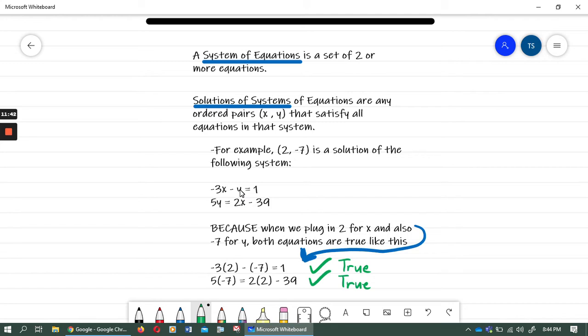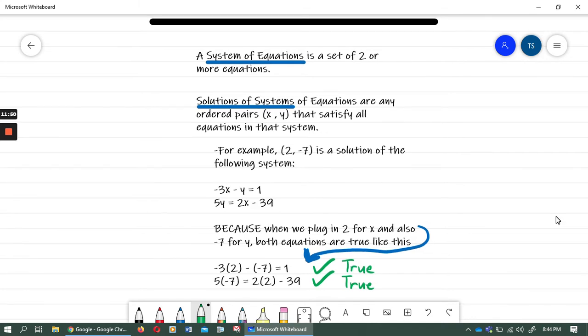All right, so we're going to show you how to do that algebraically, and there's two methods that we're going to discuss here. The first method that we're discussing here is the substitution method.